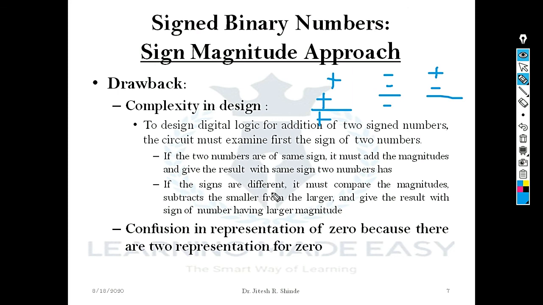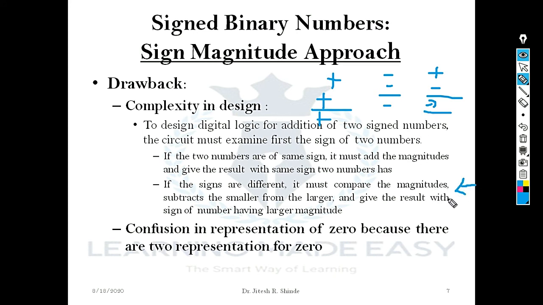If the signs are different, it must compare the magnitudes, subtract the smaller from the larger, and give the result with the sign of the number having the larger magnitude. So while designing, one adder will be required and one comparator circuit will be required. Thus the complexity of the design is going to increase here.